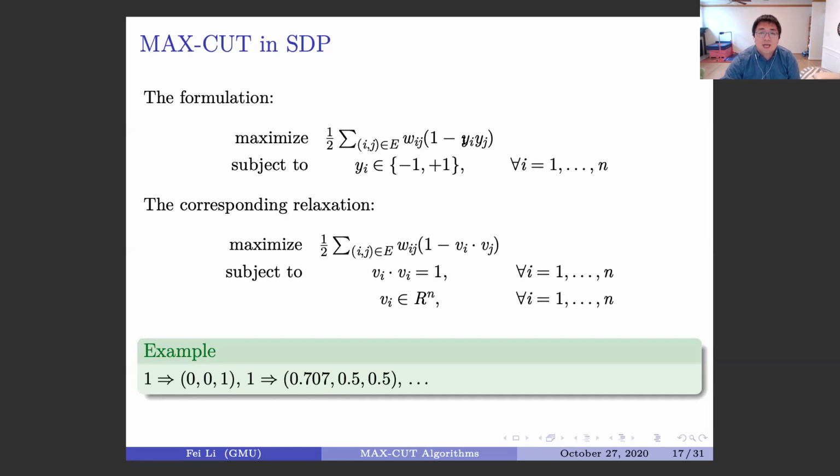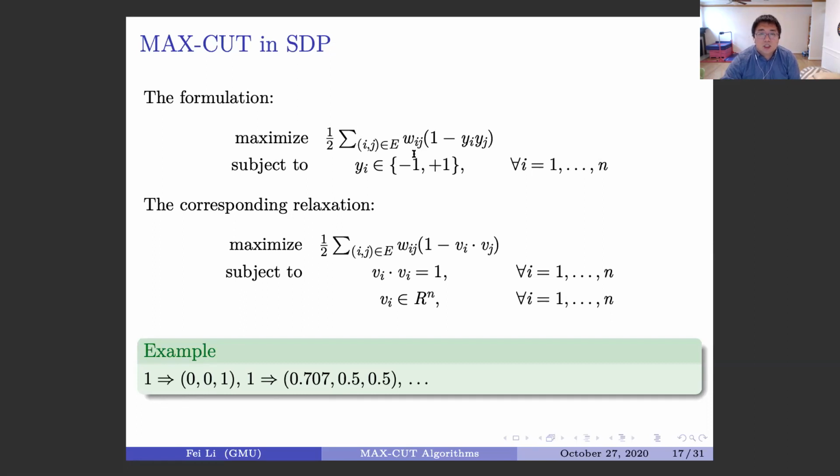If both y_i and y_j are -1 or +1, their product is 1, so this edge contributes 0 to the objective. But if they belong to different sets, like U and W, so 1 and -1, the product is -1, and 1 minus -1 is 2. So 2 over 2 is 1, and it contributes w_ij to the objective.